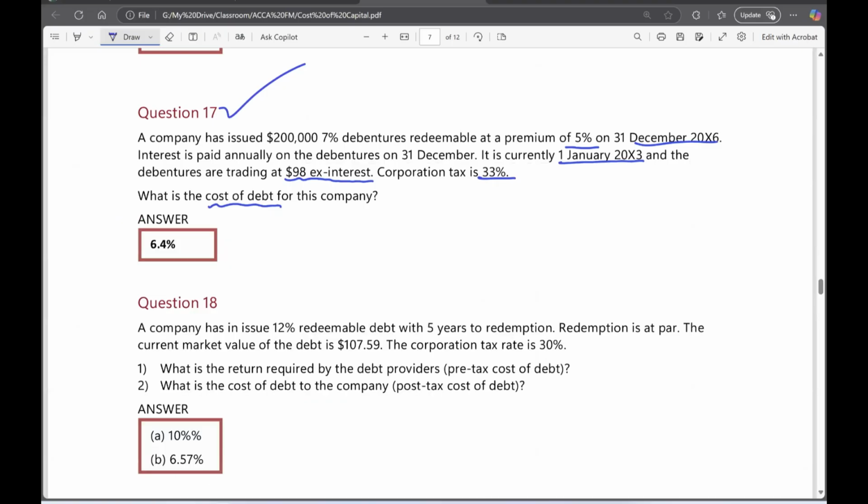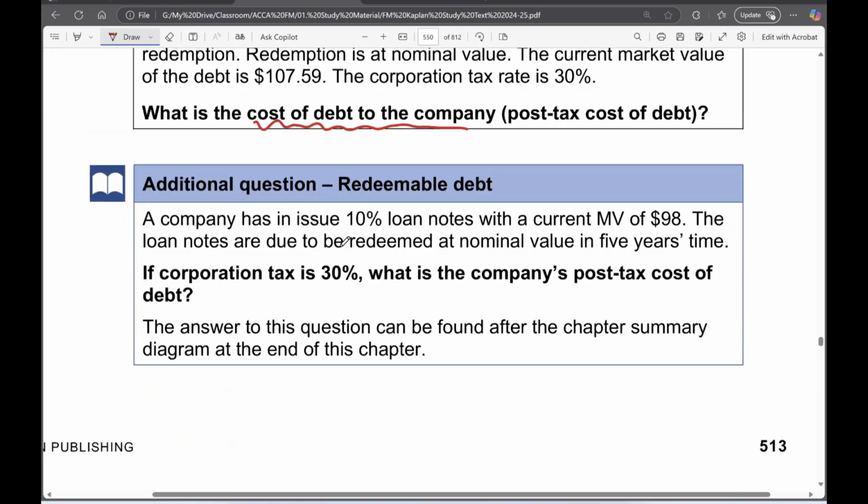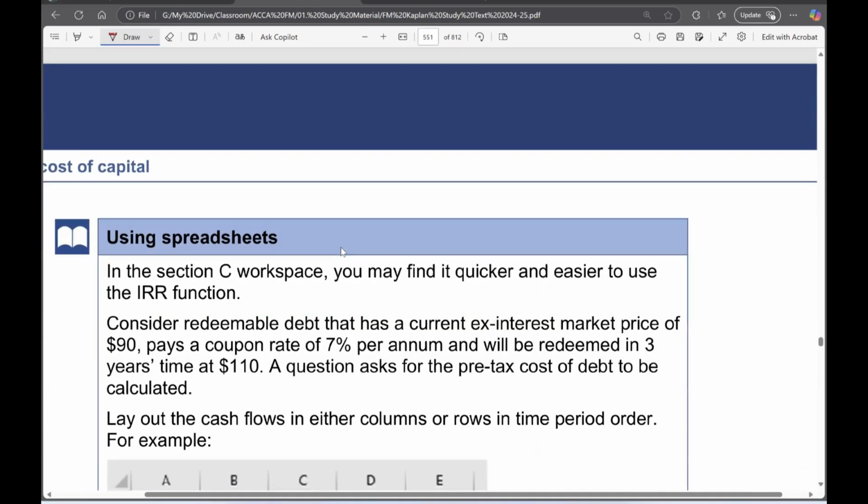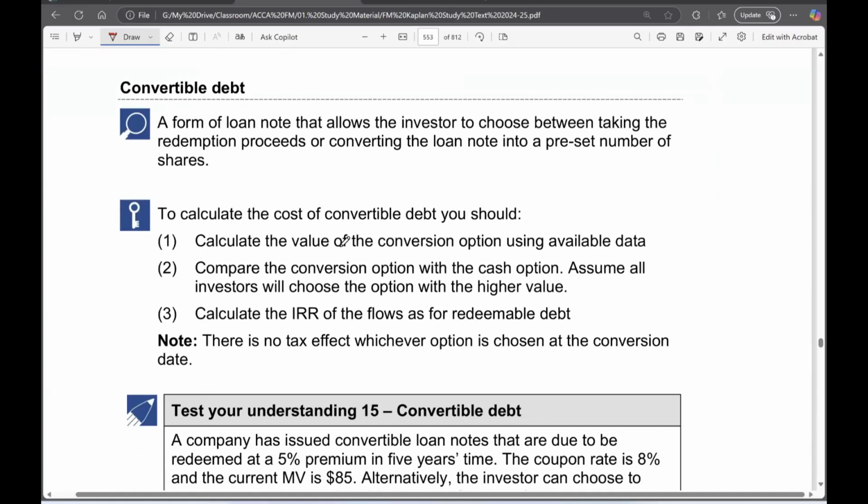Convertible bond. How to find the cost of debt of the convertible bond now? So what is a convertible bond? It's the same as a redeemable bond, but it also has one extra option. What option? The bondholder has two choices here, right?